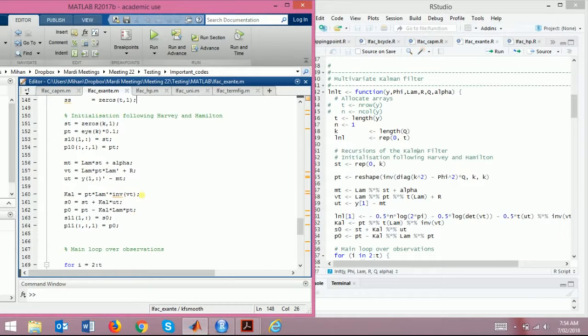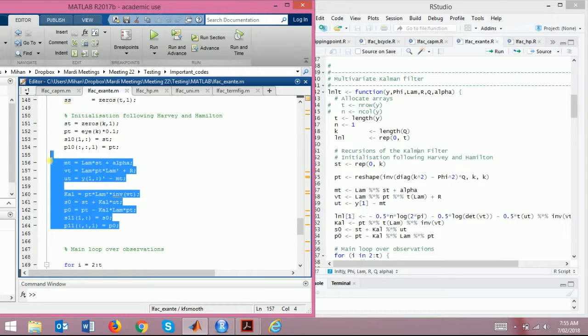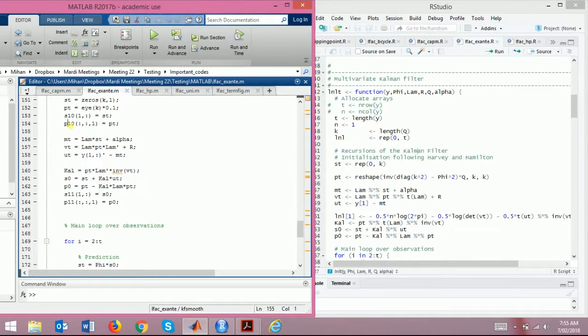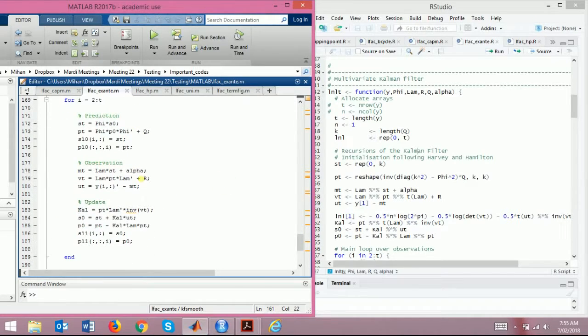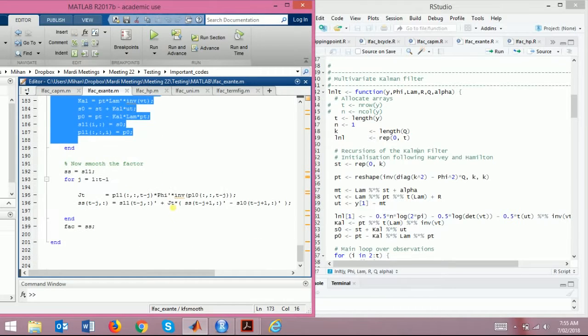So S_t, lambda, B_t, up to this is fine. First in smooth factor we define all the initialization. That means all the equations come in, but our variance is three-dimensional, if we can remember. We do the main loop as well.